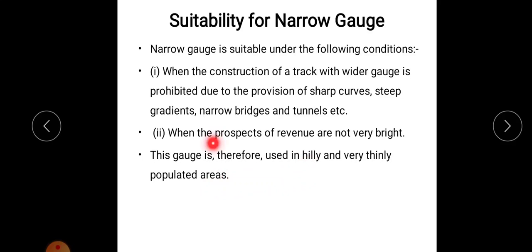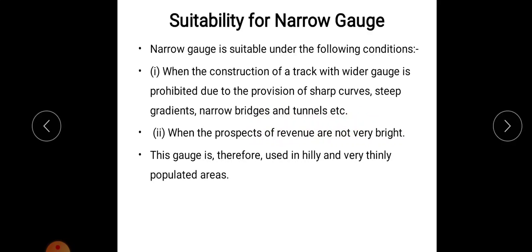Also, when the prospects of revenue are not very bright, we go for narrow gauge. So narrow gauge is usually provided for the worst topographical conditions like hilly regions or very thinly populated areas, and where there are sharp curves, steep gradients, narrow bridges, tunnels, etc. These are the different types of gauges in India.